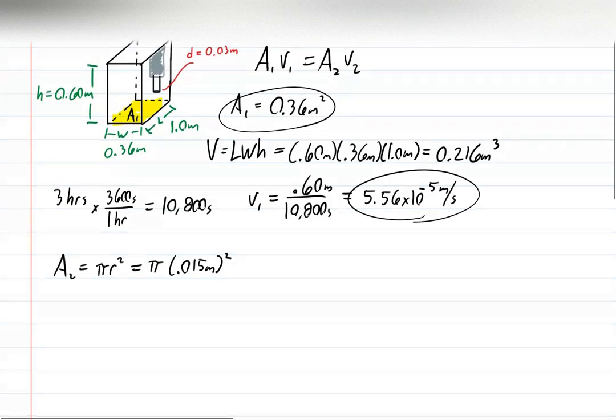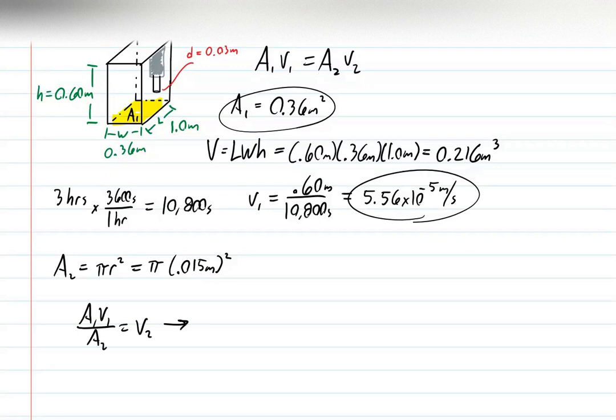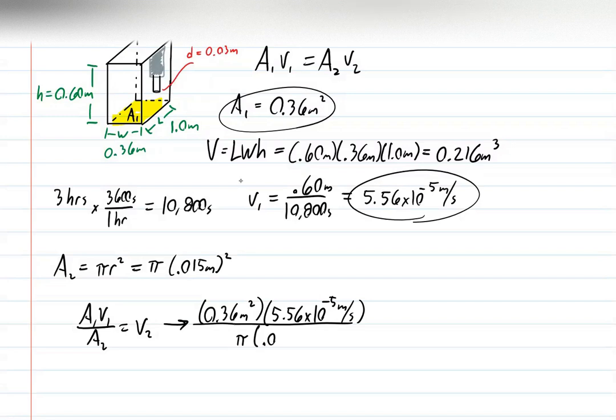I'm going to leave it as this, and take my continuity equation and plug in together. Rearranging our continuity equation, we have A1 V1 over A2 will give us V2. Plugging in the numerical values, we get 0.36 meters squared times our 5.56 times 10 to the negative fifth meters per second over pi times 0.015 meters squared.